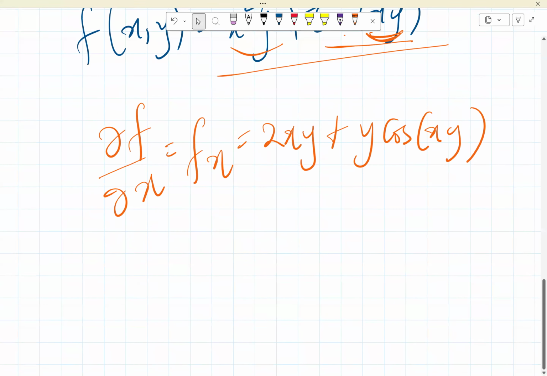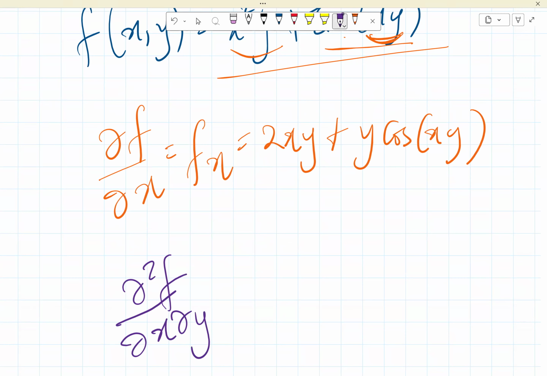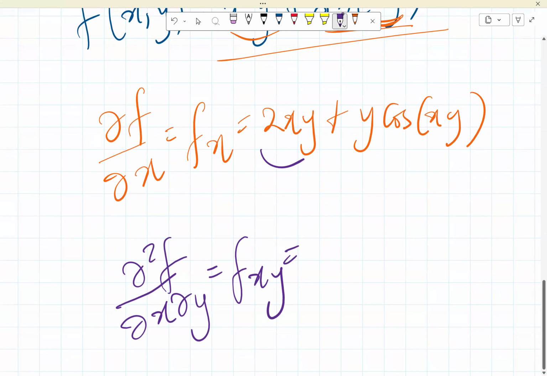So the next step you go for is this now. You have partial squared f, partial x. That was the first step. Then partial y. Now that means fxy. So once you have differentiated it already, you differentiate it with respect to y. So differentiate this with respect to y, you get 2x. Then come in here, now this is a product. So you keep y and differentiate this with respect to y.